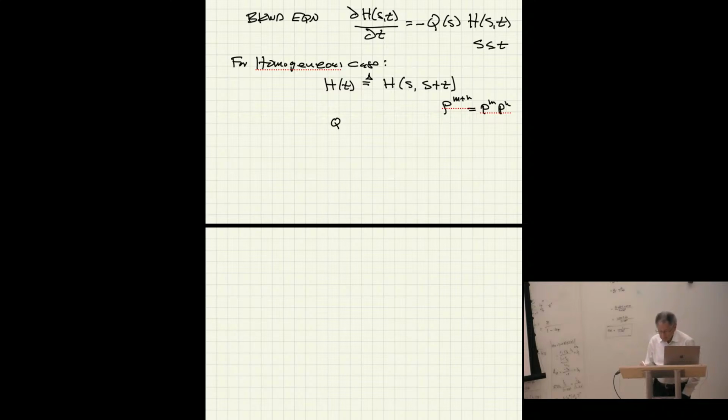Q will appear, it's defined to be Q of t, and contains elements q ii and q ij. In the case of the homogeneous, the Chapman-Kolmogorov equation looks like H of s plus t is equal to H of s times H of t.